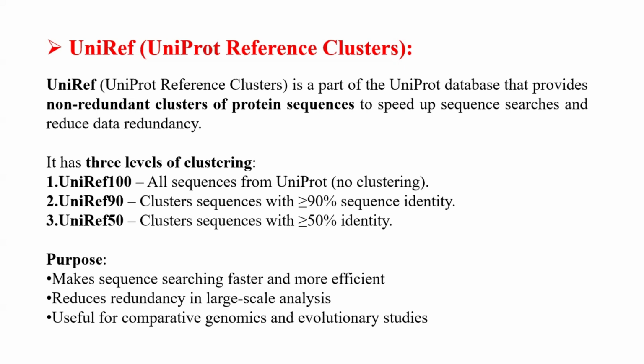That is UniRef100, which is all sequences from UniProt with 100% sequence identity. UniRef90 clusters sequences with greater than or equal to 90% sequence identity. And UniRef50 clusters sequences with greater than or equal to 50% sequence identity.